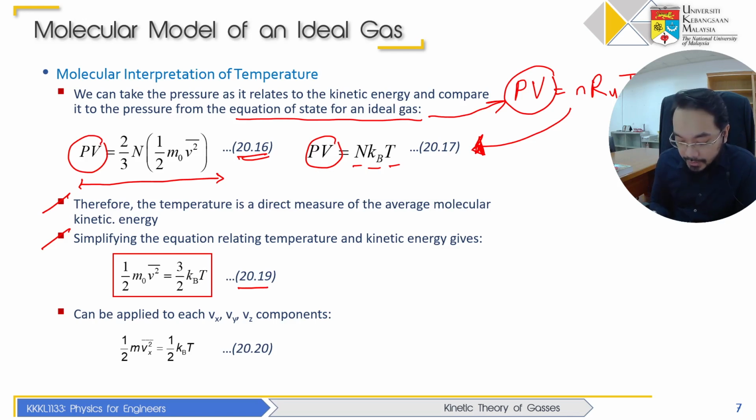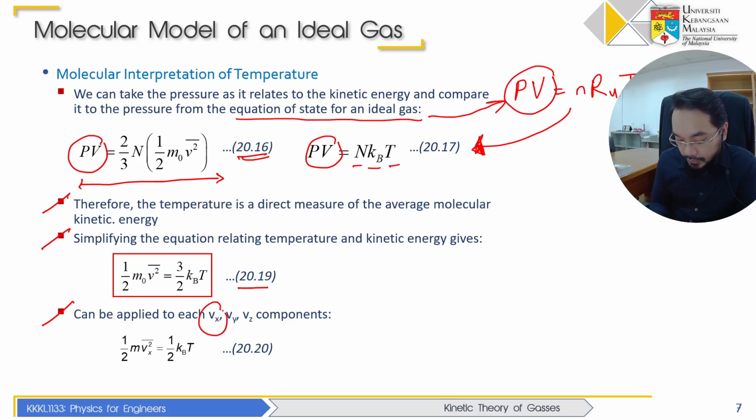And we can apply this equation to each component of the translational movement of the atoms or molecules. In three dimensions, translational motion consists of the x-axis, y-axis, and z-axis, and we can take the energy for each axis.